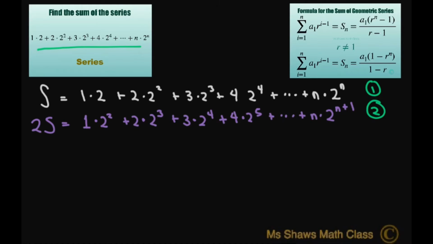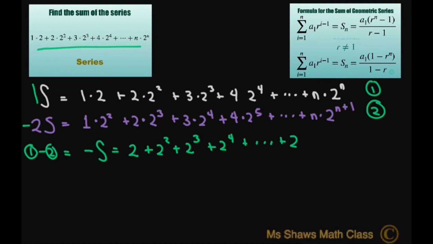So basically, let's subtract 1 minus 2. Now that's going to give me negative S, because 1S minus 2S is negative S. So we have negative S equals 2 plus 2 squared plus 2 cubed plus 2 to the power of 4, plus ... plus 2 to the power of n minus n times 2 to the power of n plus 1.